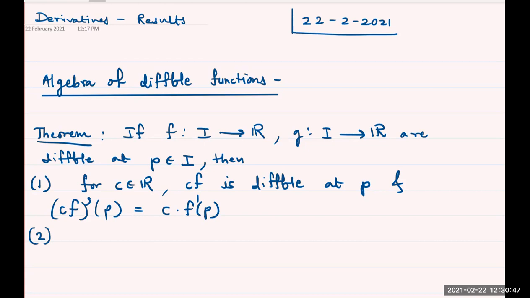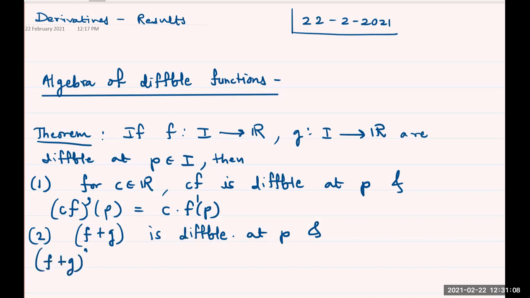Second is about adding 2 such functions. So add करके क्या मिलेगा, नया function मिलेगा f plus g. So f plus g is differentiable at p, and इसका फॉर्मूला क्या है, f plus g का derivative at p is derivative of f at p plus derivative of g at p.